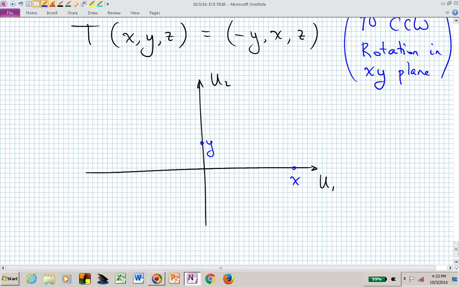Then after the mapping, we get mapped down to, whoops, minus y. T takes us there, and T takes us from x, it takes us up here to x.